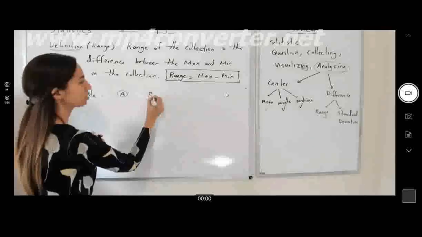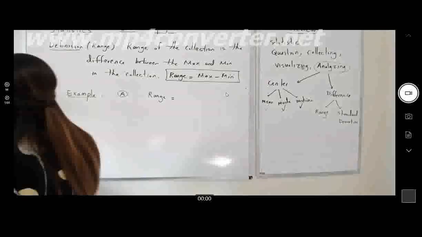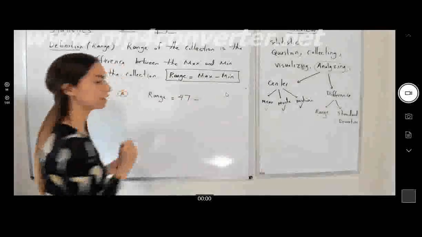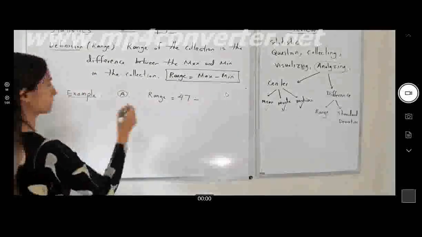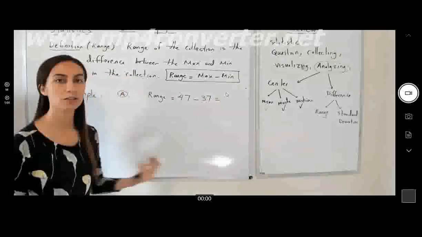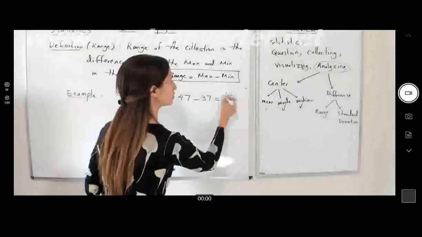For the first corporation, the maximum value is 47 minus the minimum value 37. The range is equal to 10.